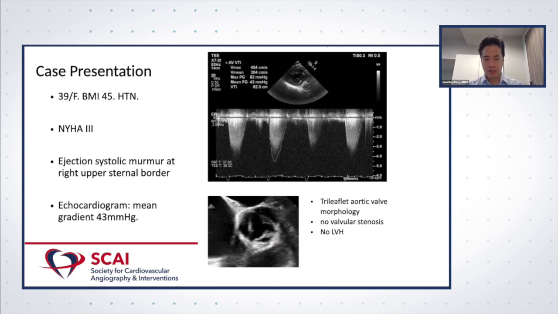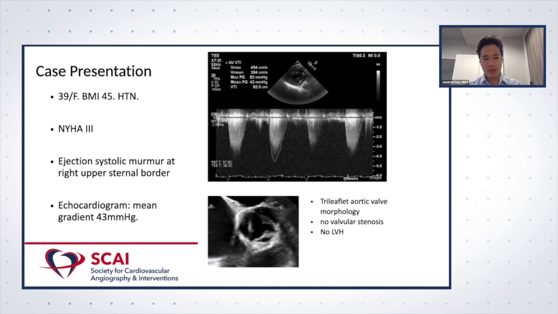She was referred to us after being found to have an ejection systolic murmur at the right upper sternal border. An outside echocardiogram showed mainly poor imaging quality, or perhaps relating to the body habitus. So we repeated the transthoracic and then a transesophageal echocardiogram and revealed a gradient of 82/43 around the left ventricular outflow tract.